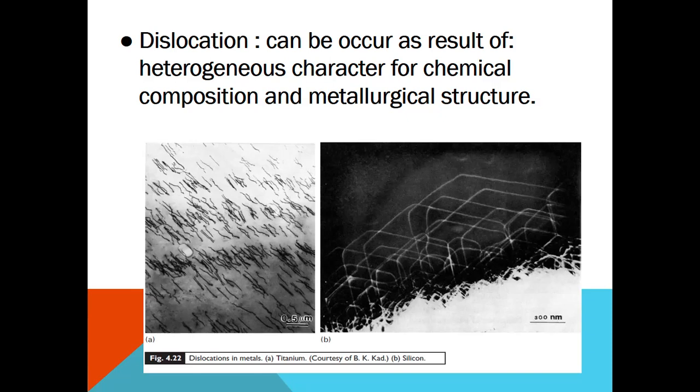These are dislocations in metals, A in titanium and B in silicon, in figure 4.22. The metallurgical structure can contain impurities, precipitates, and secondary phases from phase transformation and composition variations.